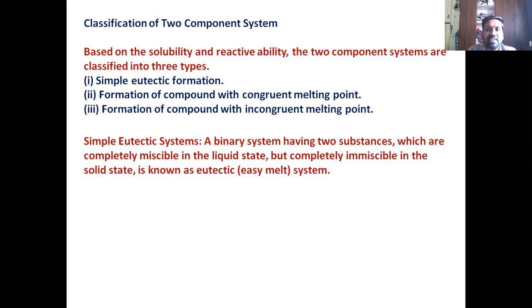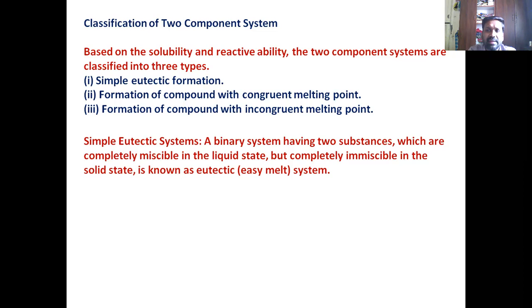So we are not dealing with the formation of some new compounds when we increase or decrease the temperature and so on. Therefore, in a simple eutectic system, the first criterion is they do not react with each other. They are chemically inert to each other. That is one, because that is what simple means.